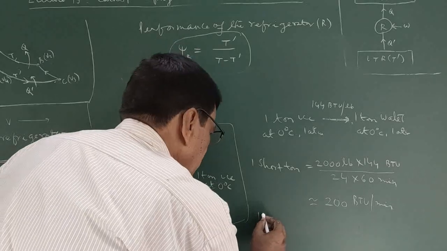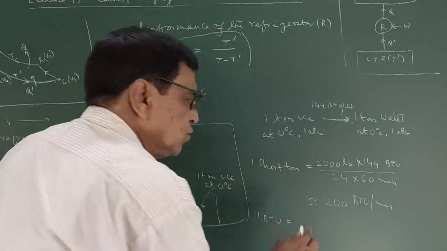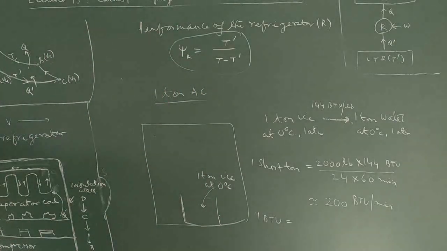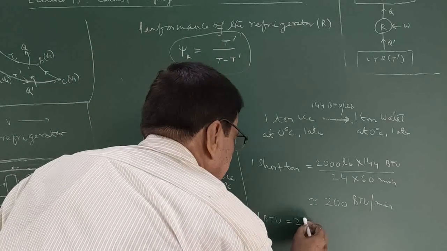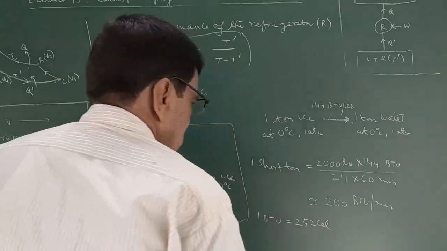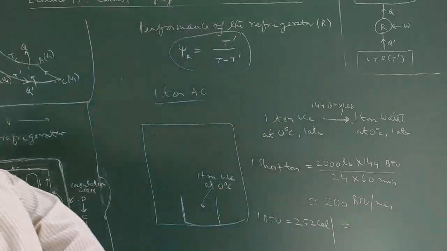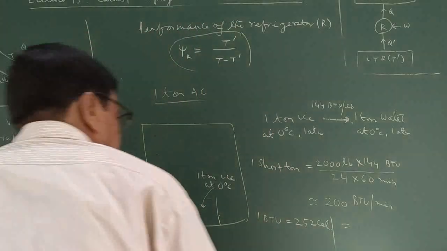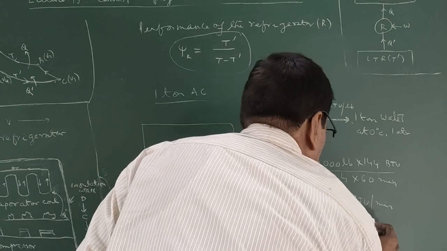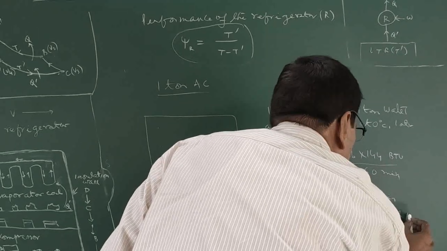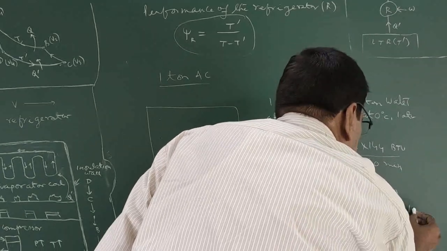So this will be roughly 200 British thermal units per minute. But 1 British thermal unit equals 252 calories. So this is actually 50.4 kilocalorie per minute.